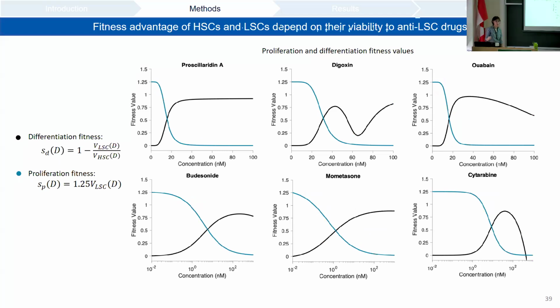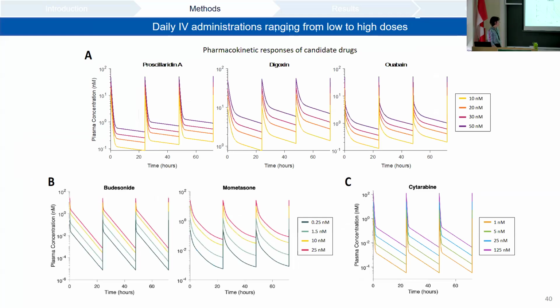We could apply to our Moran process a fixed concentration of the drug, but these drugs were already pre-approved, so we have their pharmacokinetics. With their pharmacokinetics, we can simulate different treatment schedules. Here, to test our model, we used a daily intravenous administration for each of the drugs, ranging from low to high doses, and these doses were used in the cell viability assays as well.